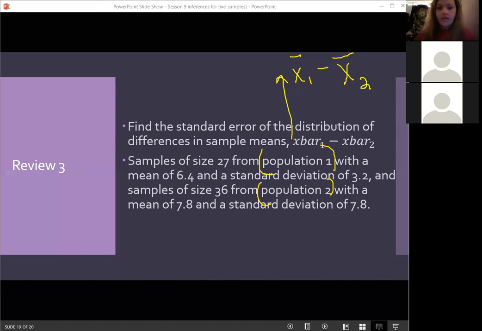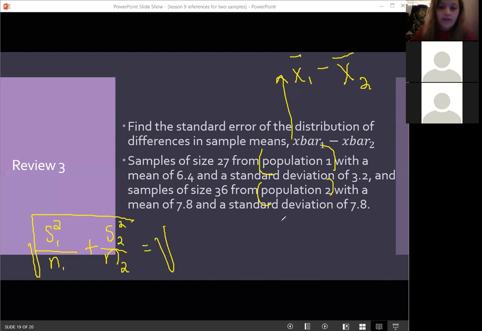All right, awesome job. So our standard error here is going to be based upon this equation. We have the standard deviation of our first population squared, divided by our first sample size, plus the standard deviation of our second population squared, divided by our second sample size.